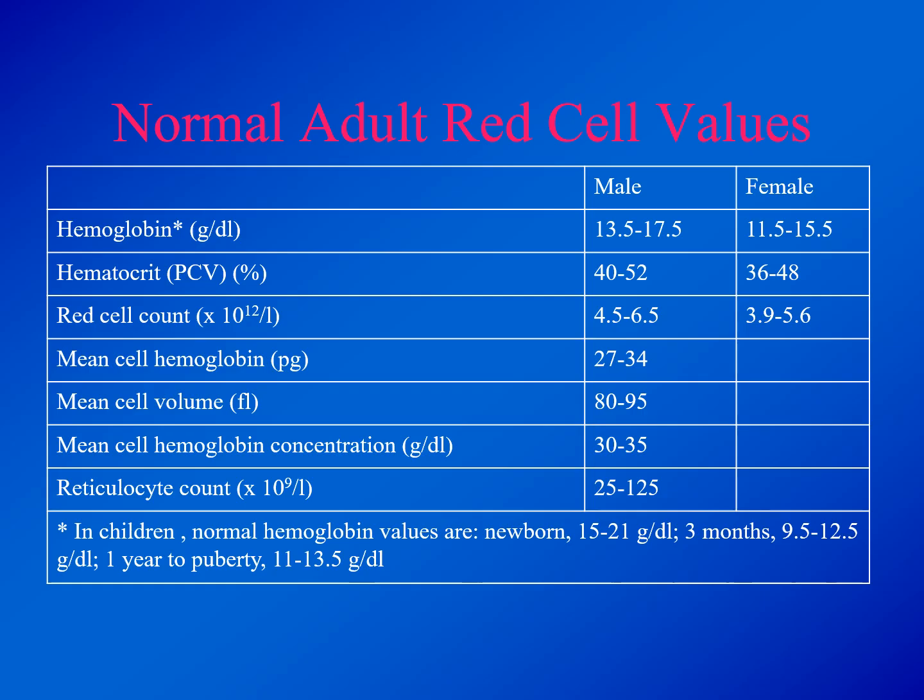In microcytic anemia, the MCV is less than 80, and in macrocytic anemias, it's more than 95. The reticulocyte count, as we said, can be expressed in numbers or percentage. Here it's expressed in numbers.